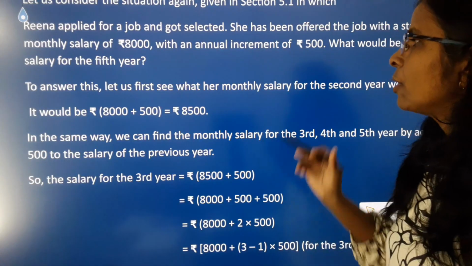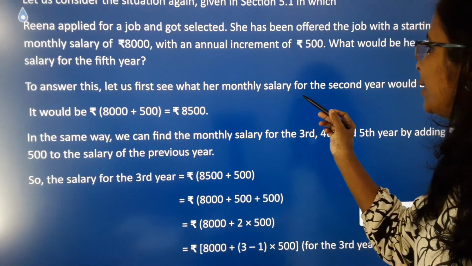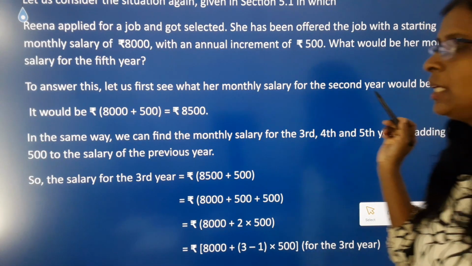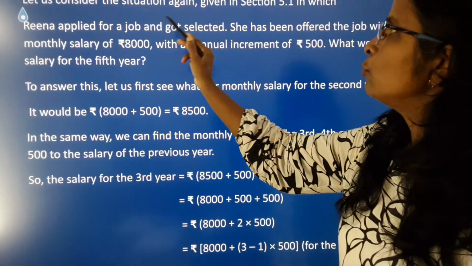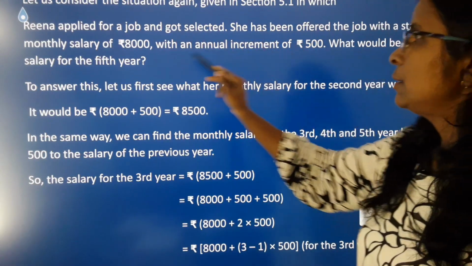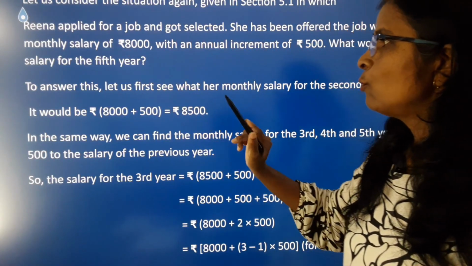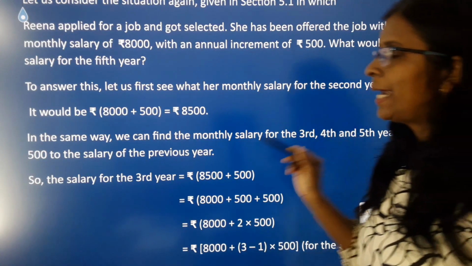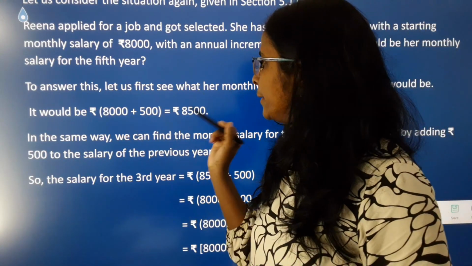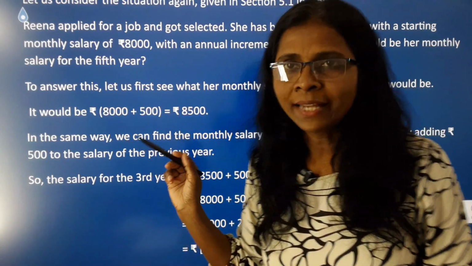First year, her monthly salary is rupees 8,000. So we have to find out her monthly salary for the second year, and that will be rupees 8,000 plus 500, which is equal to 8,500.